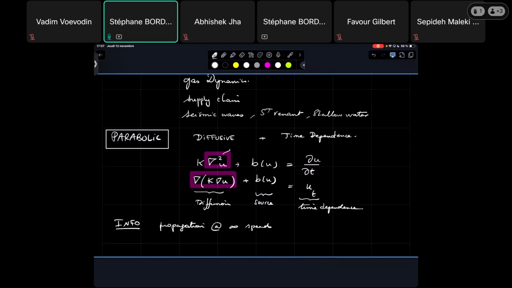This really smooths the solution, and that's why you don't have all that mess associated with stability and so on. It's much less problematic.